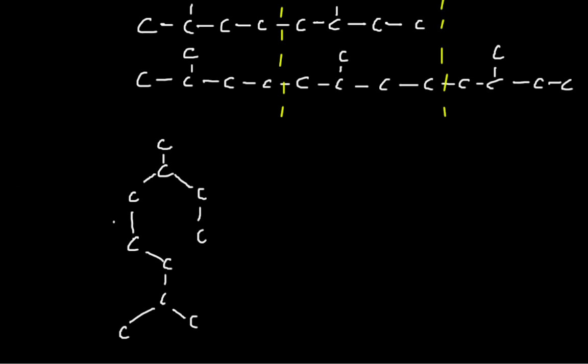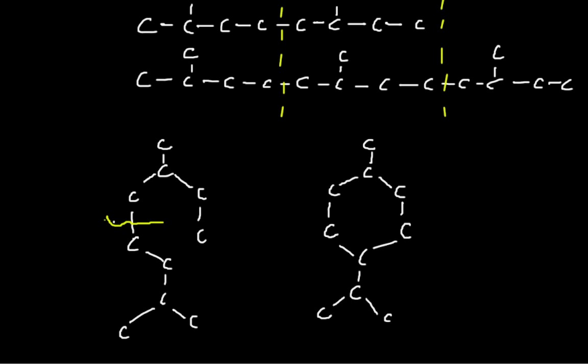So they may be connected in this way, and if it is a cyclic structure, so this is your acyclic structure and this is your p-cymene structure.